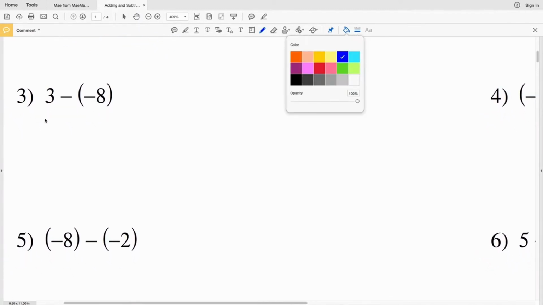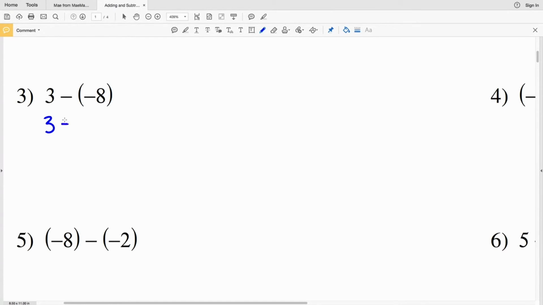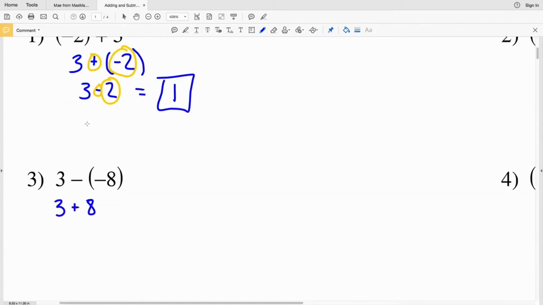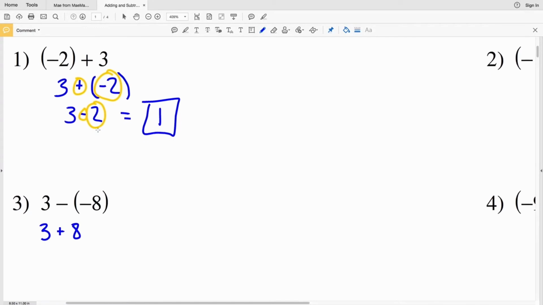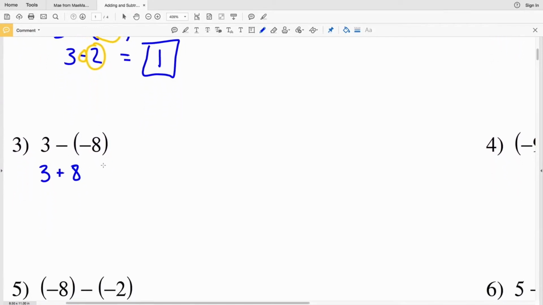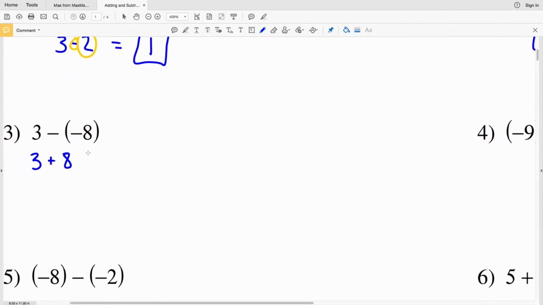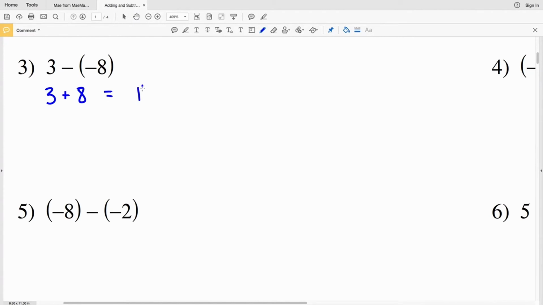So this is going to be 3 plus 8. So subtracting a negative is the same as adding a positive, and adding a negative is the same as subtracting a positive. So 3 plus 8 is going to give us positive 11.